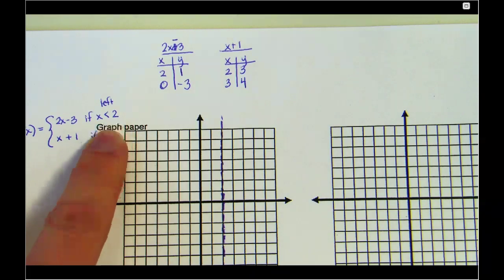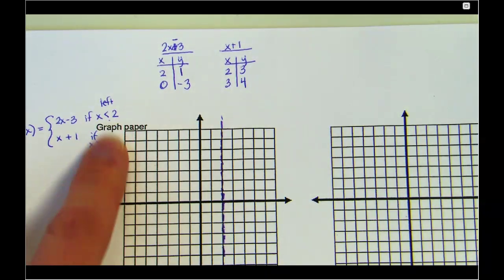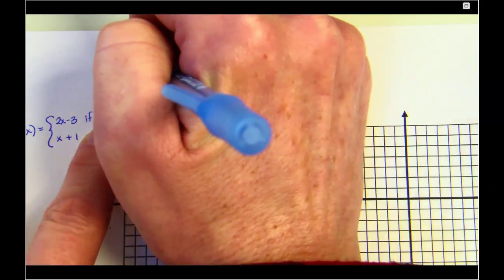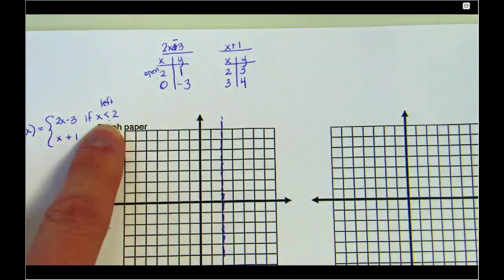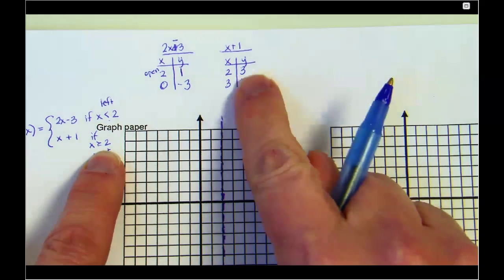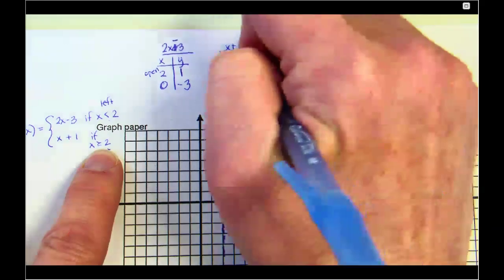Whoop, it's open. And we know that because it does not have the line underneath it. This one's going to be closed because it has the line. So in 2x plus 3, this is going to be an open circle. And then this guy in x plus 1, this is an equal to, so this guy is going to be a closed circle.